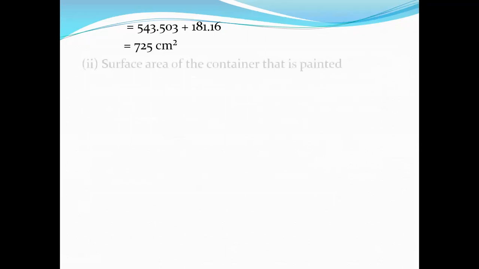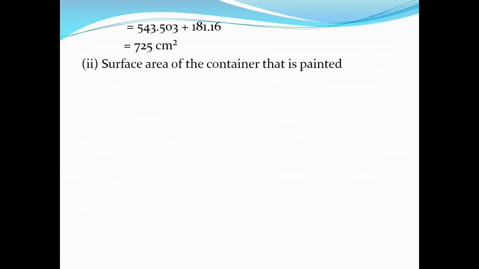After calculation, we got 543.503 plus 181.16, and when we add them, the answer will be 725 square centimeter. Remember, we took the surface area, that is why the unit is square centimeter.